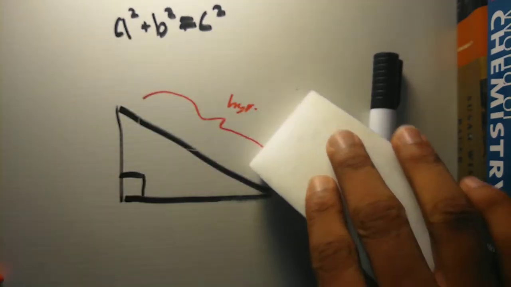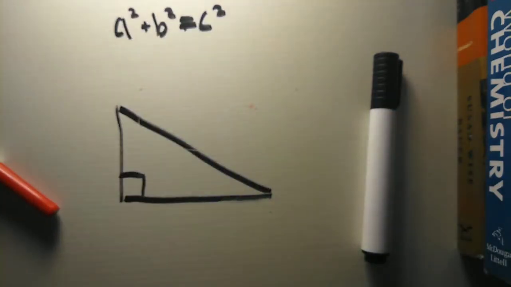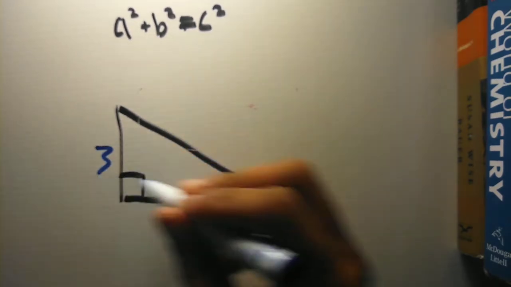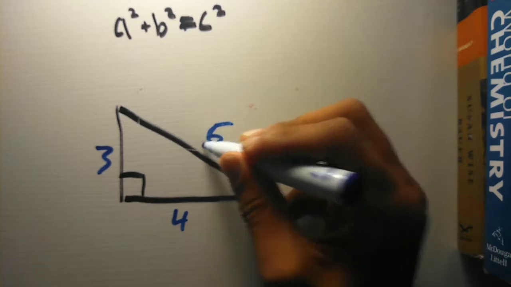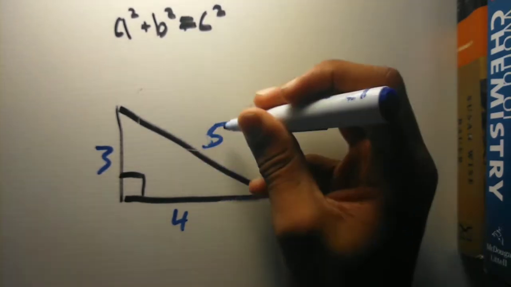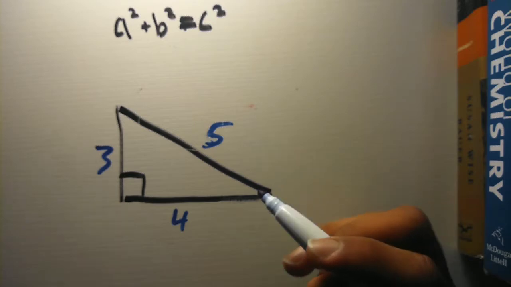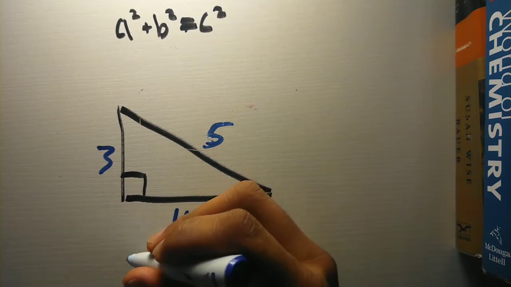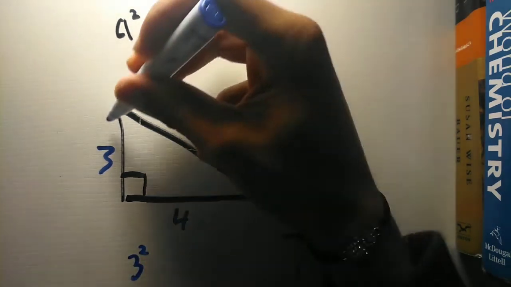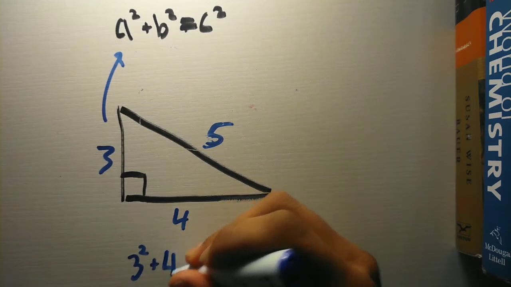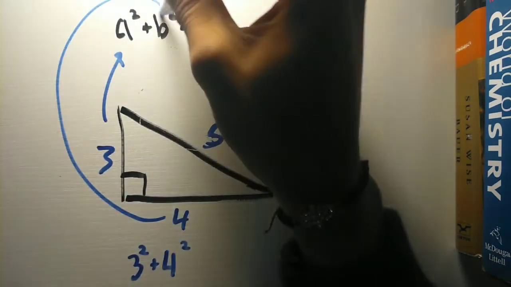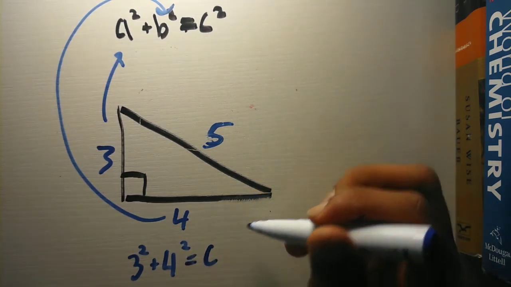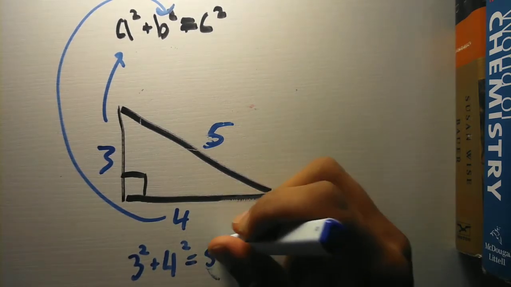So what do we do with this equation? Well, let's plug in some numbers. Let's say we have the numbers 3, 4, and 5. You'll see very soon that these numbers are picked purposefully. A squared can be defined as 3 to the power of 2, plus b squared, 4 to the power of 2, is equal to c squared, which is 5 to the power of 2.